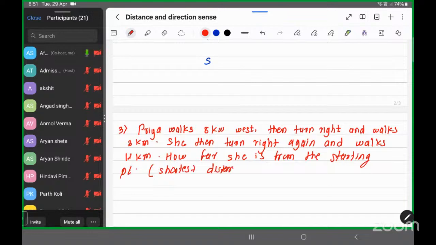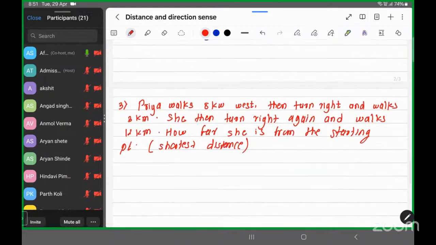Option A 4 kilometer, option B 5 kilometer, option C 7 kilometer, and option D 15 kilometer.